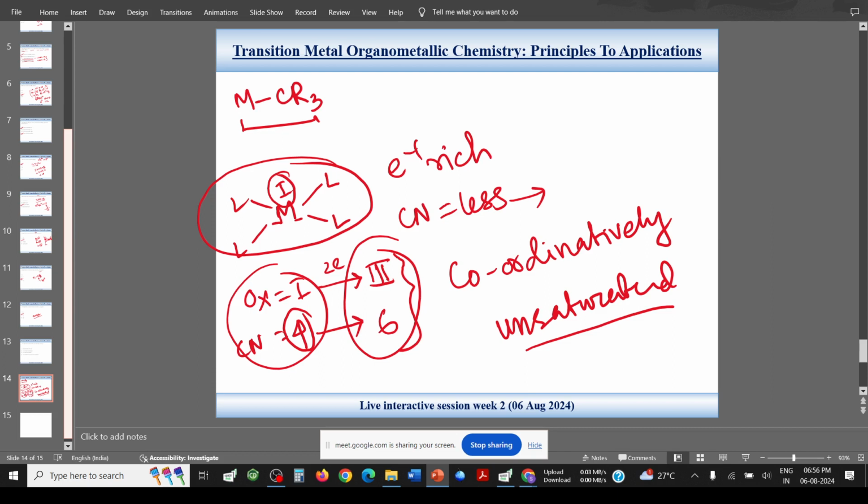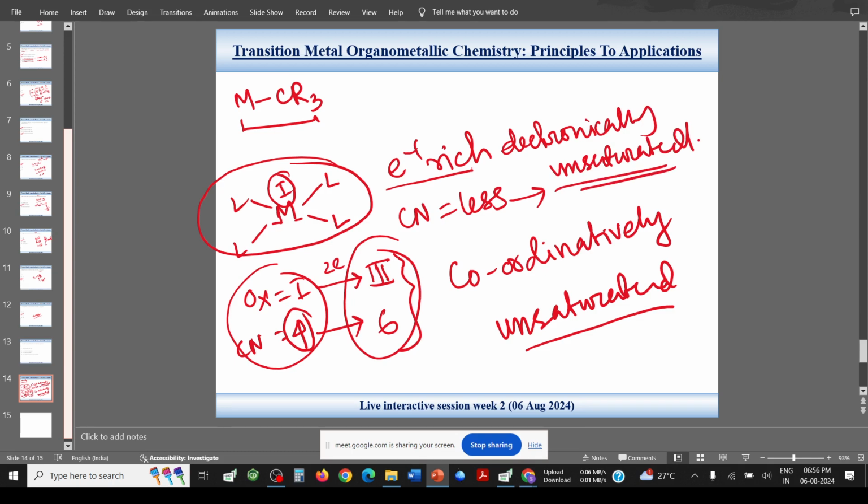If it is less than 6, we say it is coordinatively unsaturated, so it can take 2 more ligands. Electronic unsaturation generally signifies less than 18 valence electrons, whereas 18 valence electrons is the most stable.